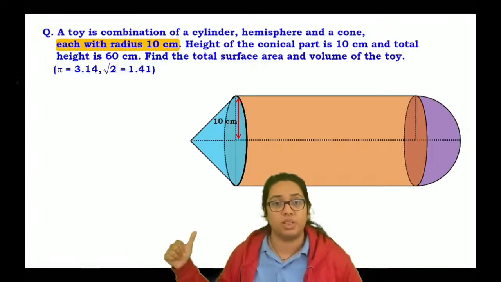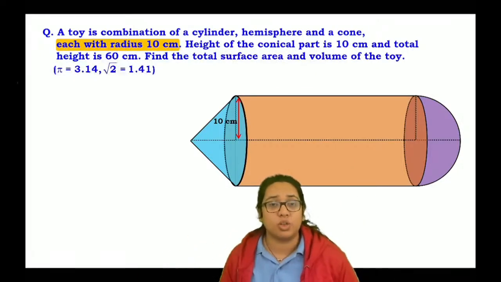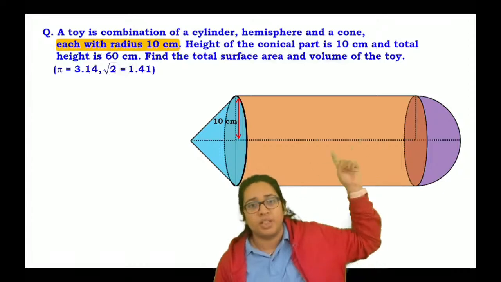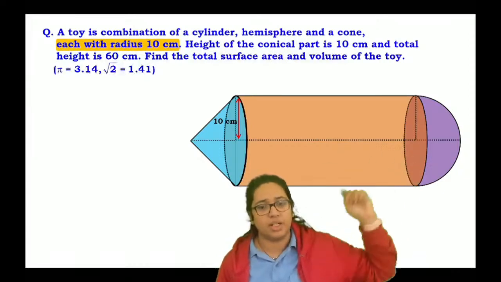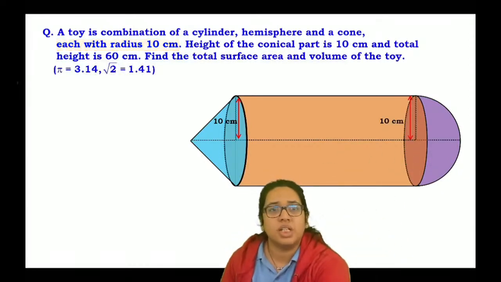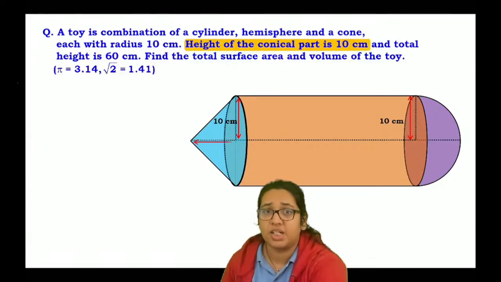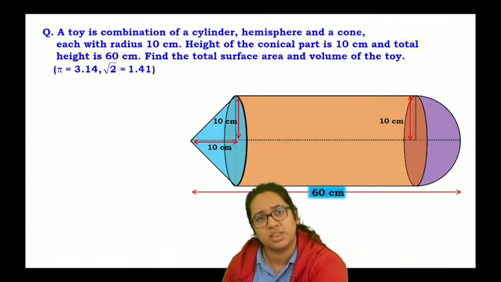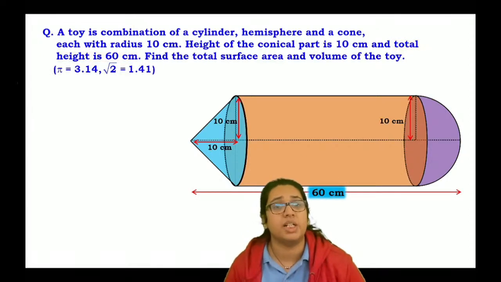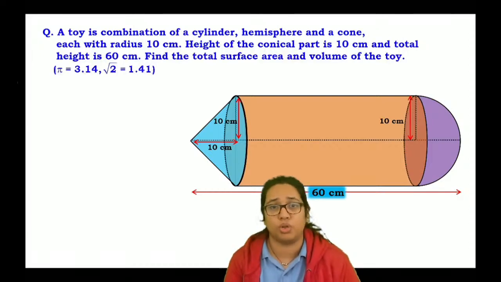So instead of that, now in this question, the toy is a combination of cylinder, then right circular cone and hemisphere here. Each of radius 10 centimeter. Height of the conical part is 10 centimeter. Total height will be 60 centimeter. Then find what will be total surface area and volume of the toy.